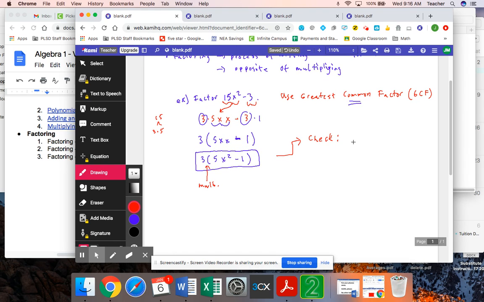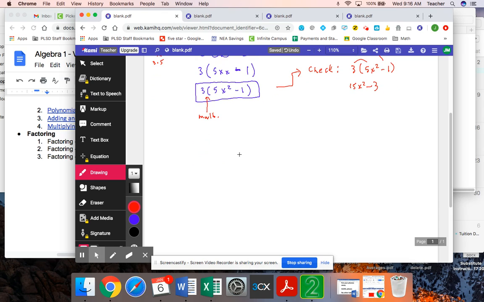So this is just distribution: 3 times 5x squared is 15x squared, minus 3. So no matter what, if you can't multiply it out when you're done and get the original, then your factors are not correct. That's the idea of pulling out the greatest common factor.